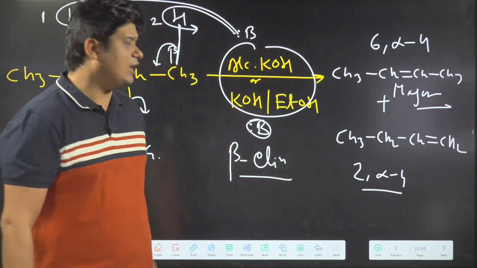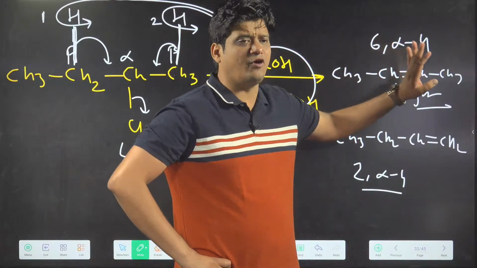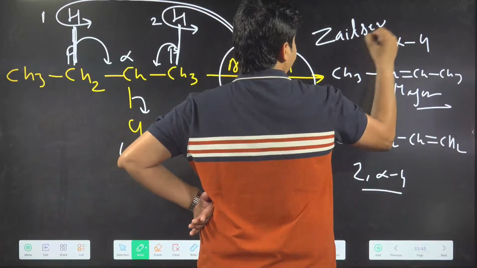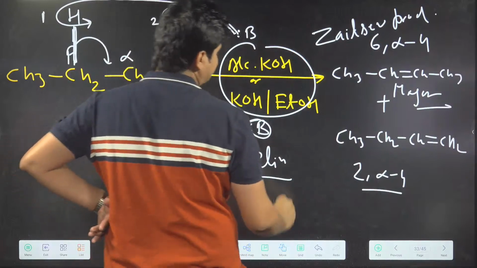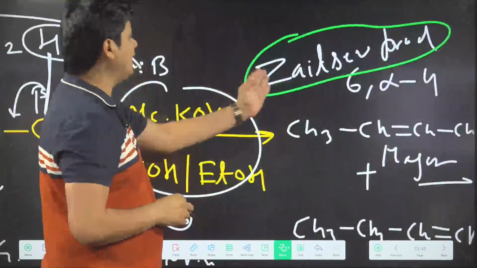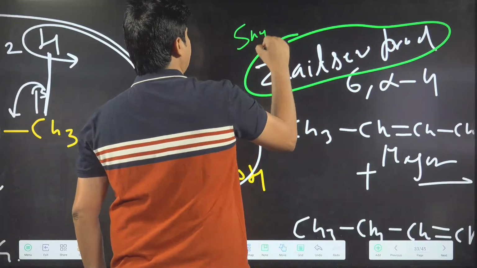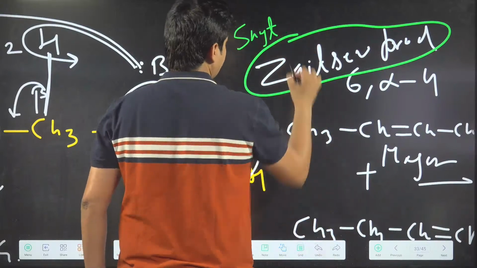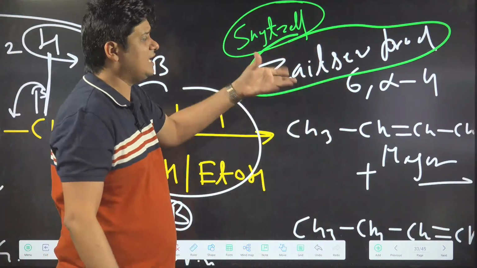Now one rule is there. If the more stable alkene is formed as the major product, it is known as the Saytzeff product. Few of you might be thinking, sir, you are saying Saytzeff but you are writing Zaitsev. The name is spelled this way and the pronunciation is that. So Saytzeff is actually the pronunciation, the name is Zaitsev. The examiner can give you both.